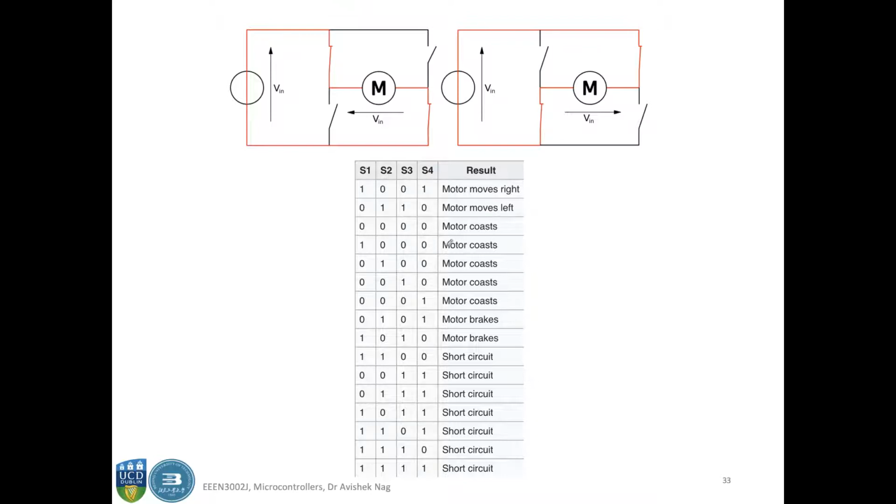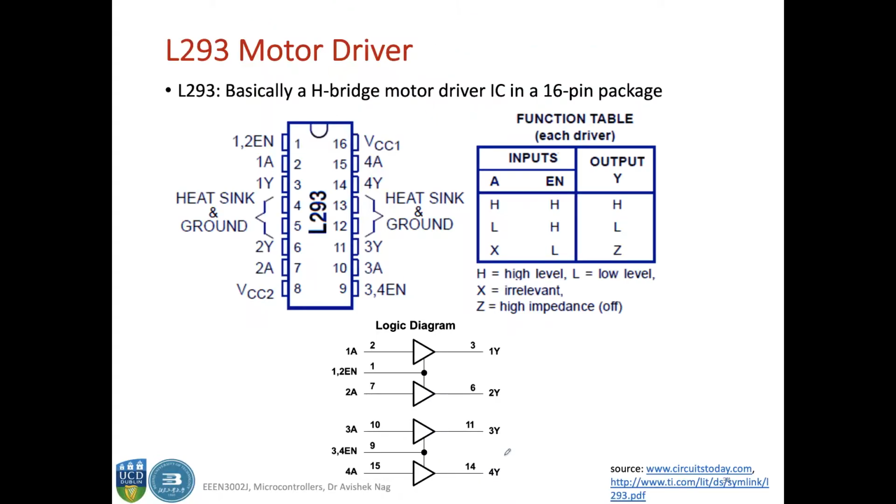So whether your motor moves right or moves left, whether the motor brakes or whether the motor coasts. Motor coasts means the motor is rotating at a constant speed. And then these are the different short circuit states.